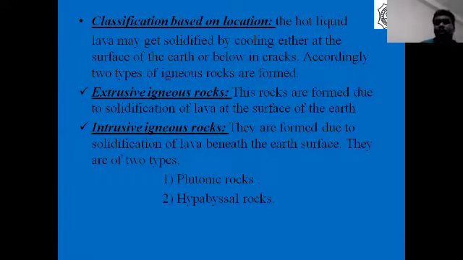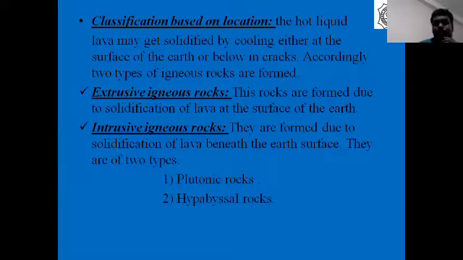Now there are two types of intrusive igneous rock: plutonic intrusive rocks and hypabyssal intrusive rocks.